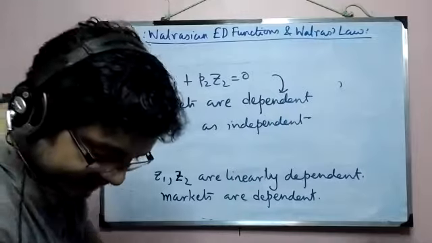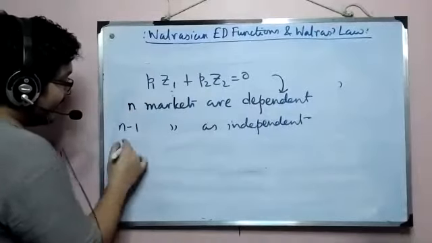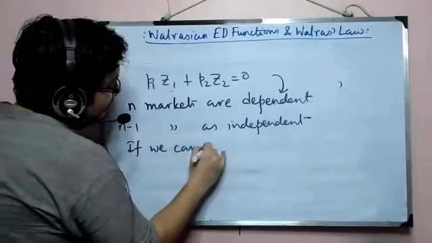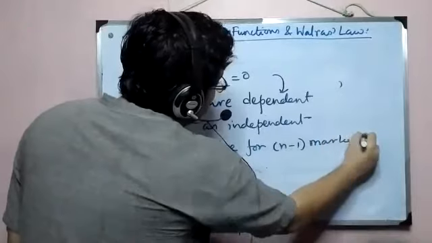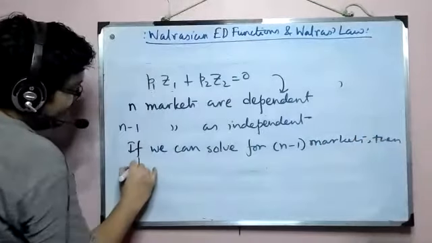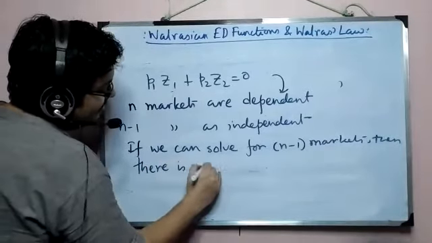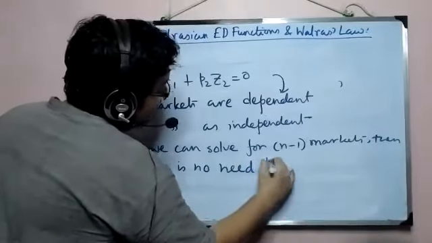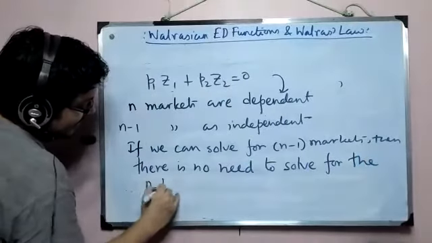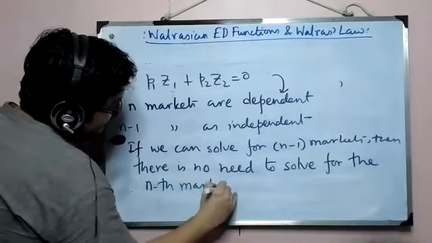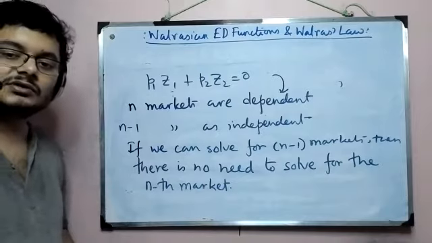It means that if we can solve for n minus 1 markets, then there is no need to solve for the nth market.